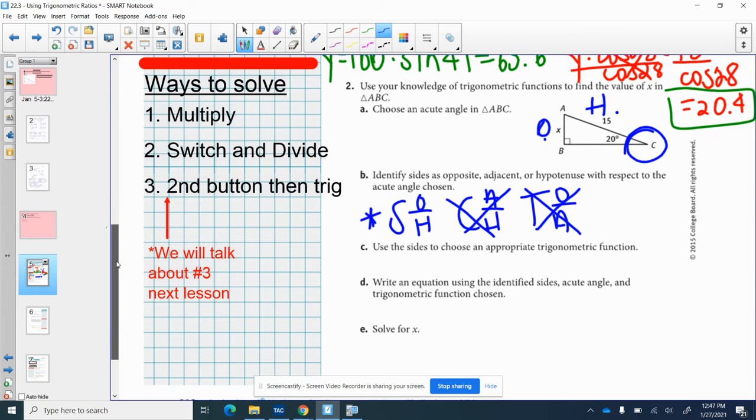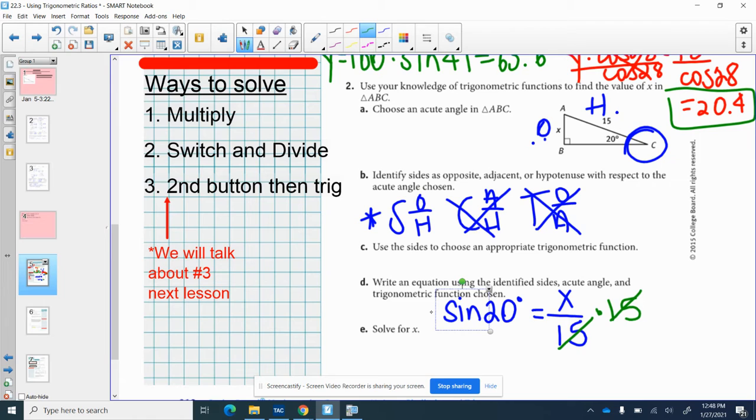So to set up this equation, we would say the sine of our angle, which in this case is 20 degrees, is going to be the opposite side, which is x, over the hypotenuse, which is 15, okay? And just like we talked about over on the ways to solve, when we have a number in the denominator, in order to get x by itself, we're going to have to multiply by the 15.